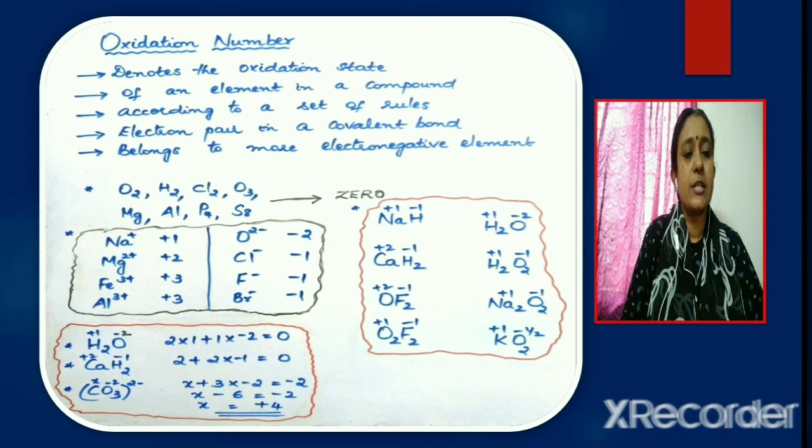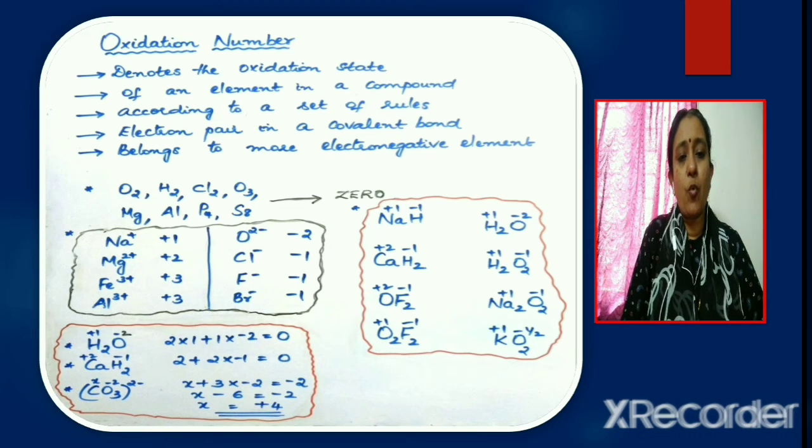So what will be the oxidation state of oxygen in O2F2? It will be equal to +1. So oxygen can exhibit -1, +2 as well as +1 oxidation states other than -2. Hydrogen can exhibit two different oxidation states, that is either +1 or -1.